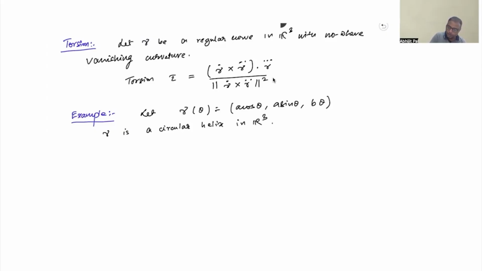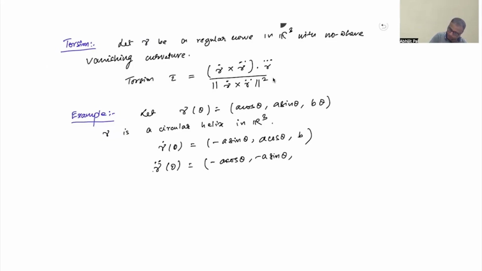What is gamma dot theta? This is minus a sin theta, a cos theta, b. Gamma double dot theta is minus a cos theta, minus a sin theta, 0. Gamma triple dot theta is equal to a sin theta, minus a cos theta, 0.